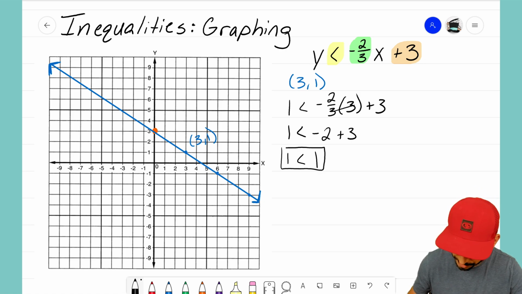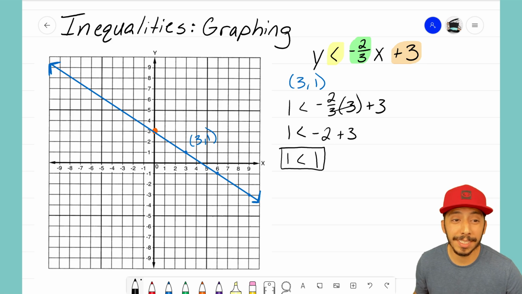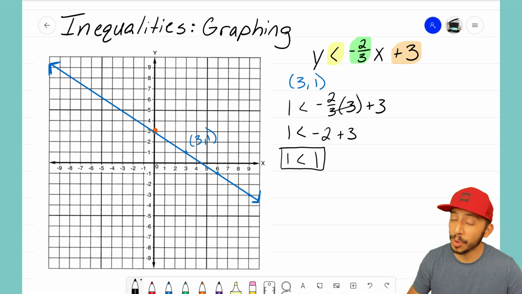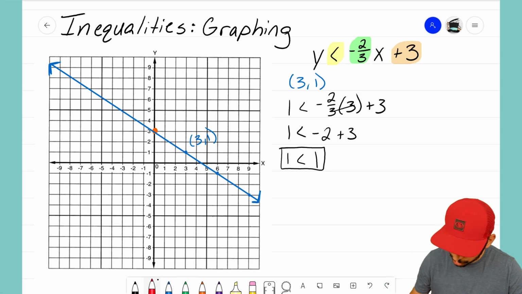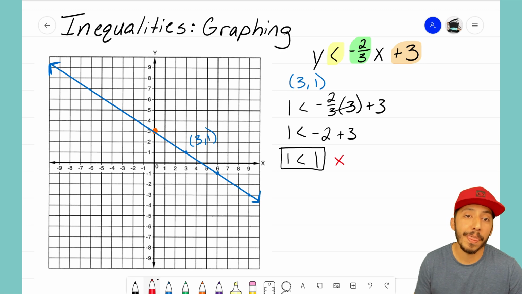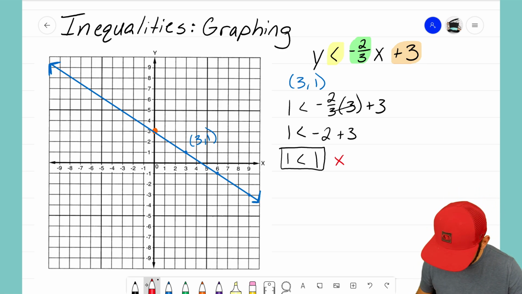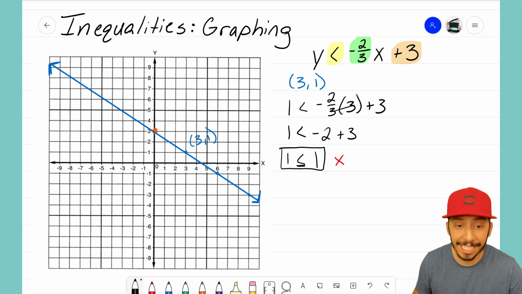Look at the statement that we end up with. 1 is less than 1? That is not true. 1 is equal to 1. 1 is not less than 1. So do you see that we have created a false statement? It is a false statement because there is no equal sign underneath that inequality.